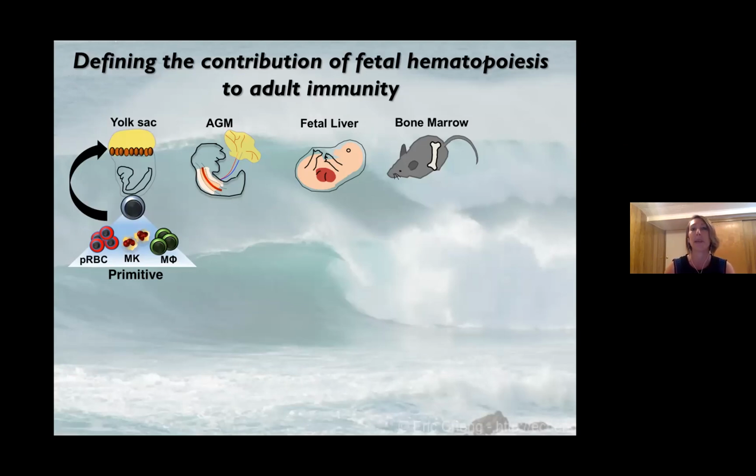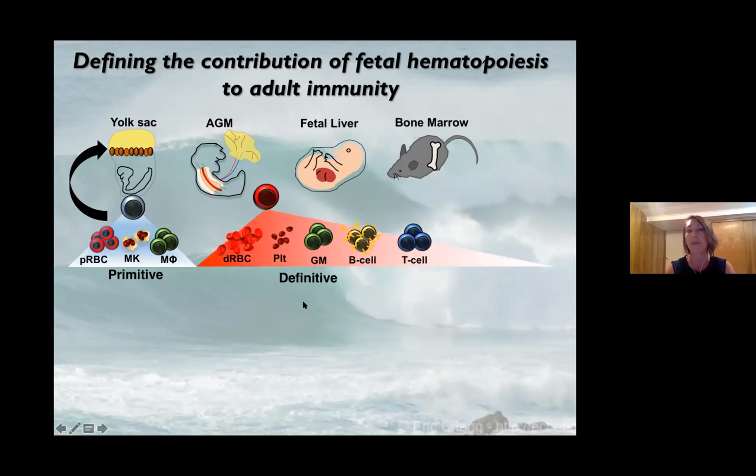Slightly later in development, around mid-gestation, we get what's called the first wave of definitive hematopoietic stem cells that arise in the developing aorta, or aorta gonad mesonephros region. And these definitive hematopoietic stem cells are different from their earlier primitive counterparts in that they are now able to generate all mature blood lineages that are found in the adult.